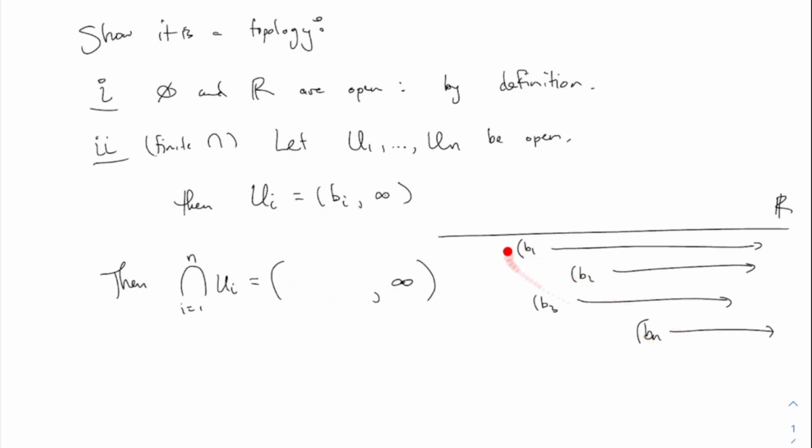It's whichever one of these is furthest to the right. How would you write that? B max. How about the maximum of the B's? I would write something like the maximum of the Bi. The biggest of the B's is going to be the endpoint of the intersection of all of those intervals. Since that is an interval which is unbounded at the top, this intersection of the Ui is open because it is some interval up to infinity.